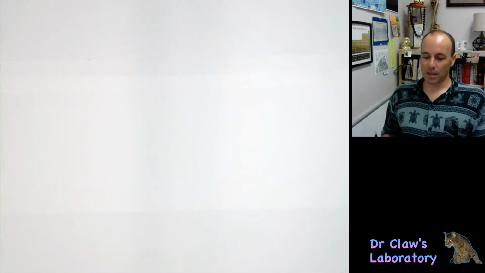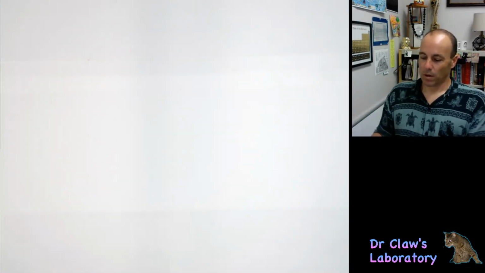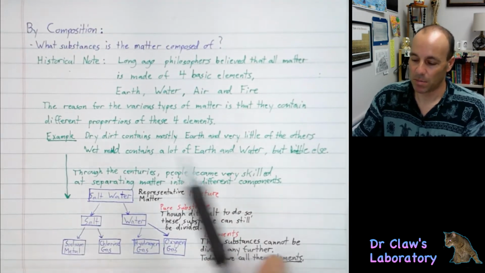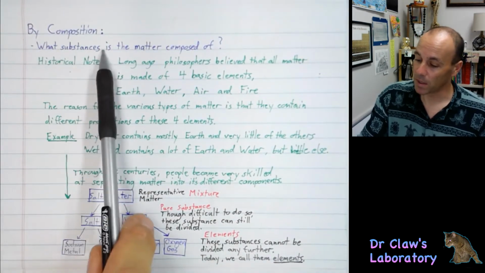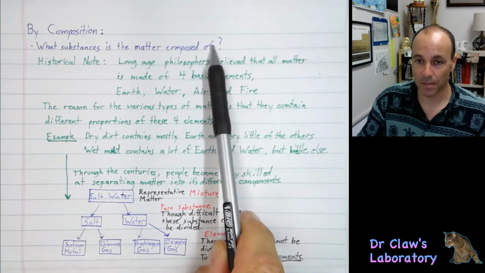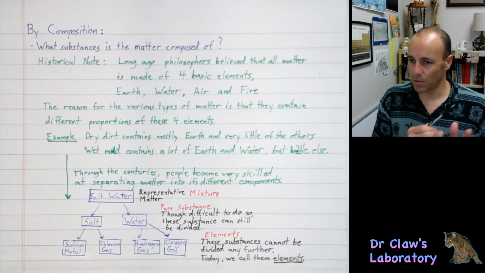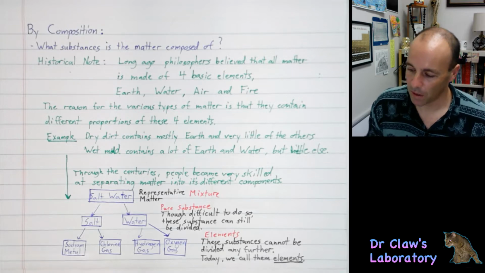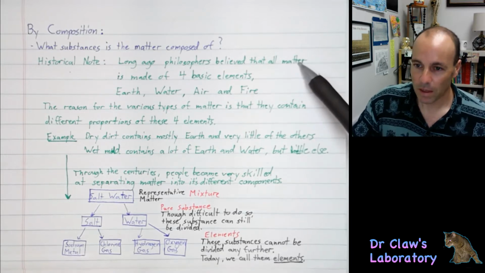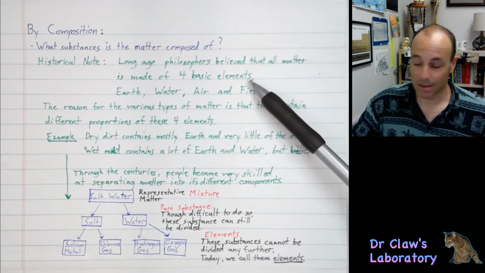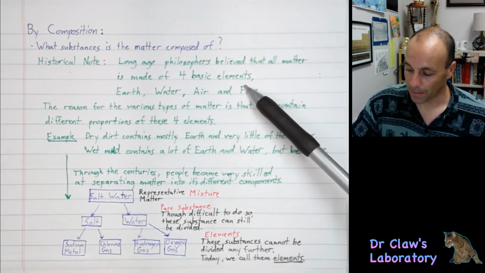Now, the second, more detailed classification is by composition. What substances is the matter composed of? First, I want to detour into a historical note. Long ago, the philosophers believed that all matter is made of four basic elements: earth, water, air, and fire.